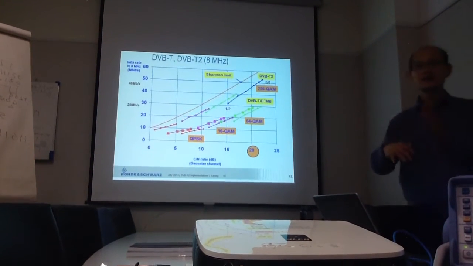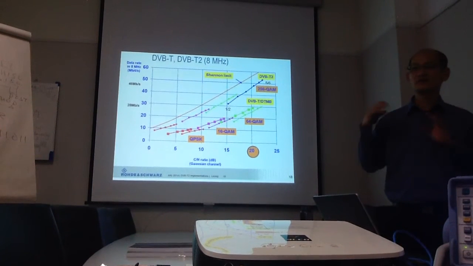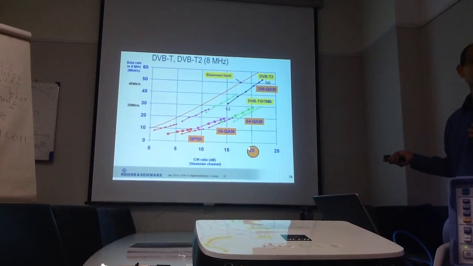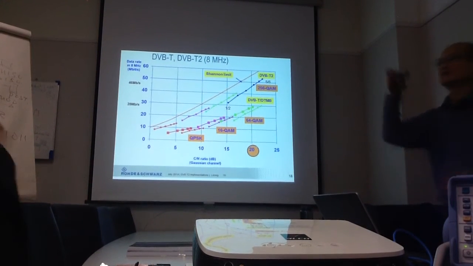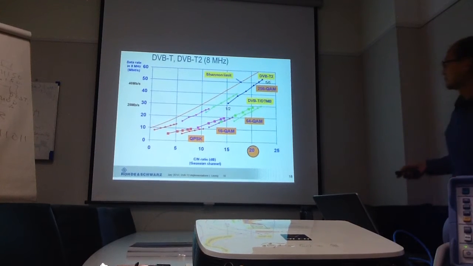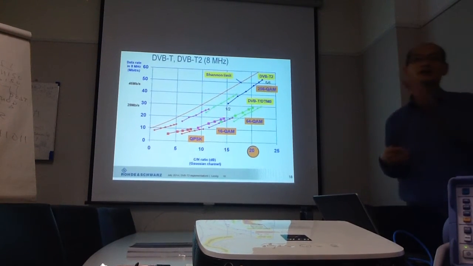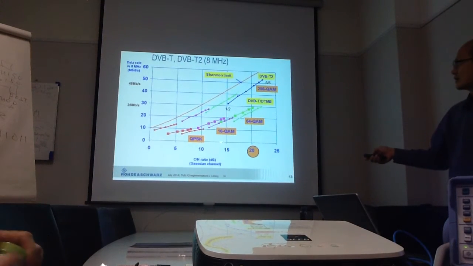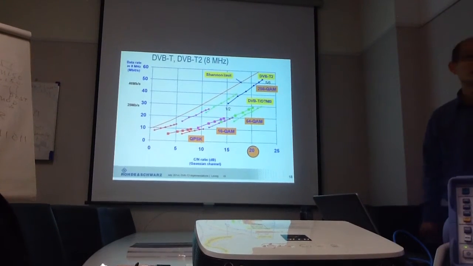So when you have fading and so on in the real life, interference and so on, then you need about 18 to 20 dB carrier to noise. So that one may be fixed rooftop reception. Other than that, mainly we are working towards 15. It's a little bit more. If you want indoor reception, then maybe somewhere around here. This one is more suitable.